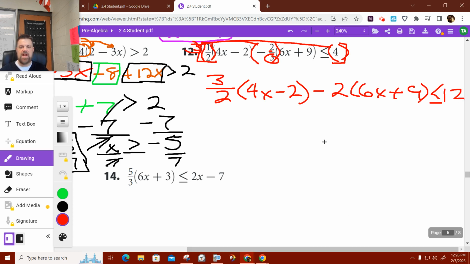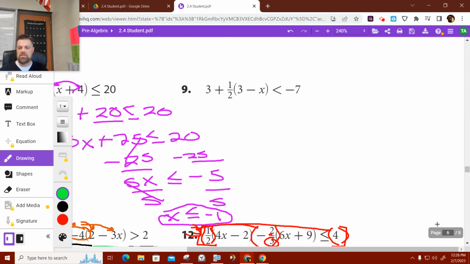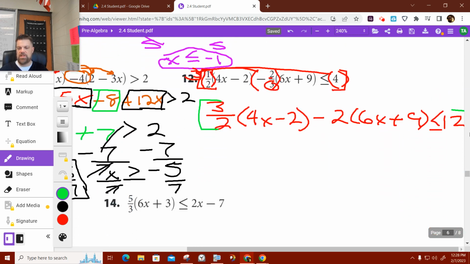I still have a fraction. So now I'm going to multiply by the denominator of that fraction. Oops, I'm all the way on the edge over here on this 12. So I'm going to multiply this by 2. And we've got some funny business over here. This is like a different problem. So let's separate that. So what's 2 times 3? 6.